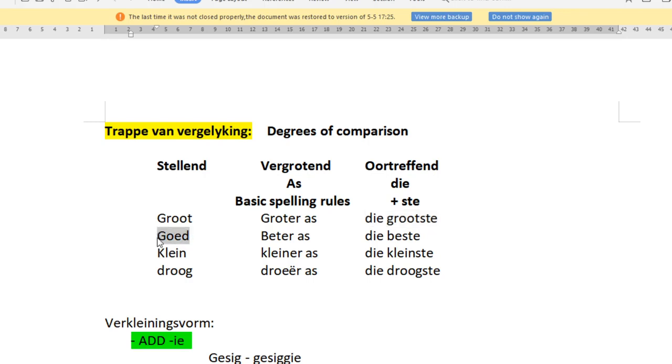Goed, just like in English, this one changes. In English, we've got good, better, best. Selfde as in Afrikaans, it's the same. Goed, beter as, die beste. Klein is stellend, vergrotend, kleiner as, en oortreffend, die kleinste.